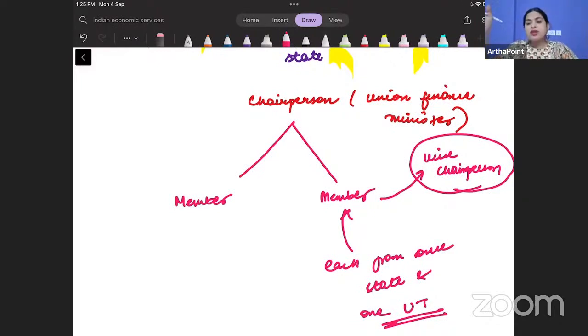But the aim is for me to tell you that the composition of GST is important and you should know about it, right?